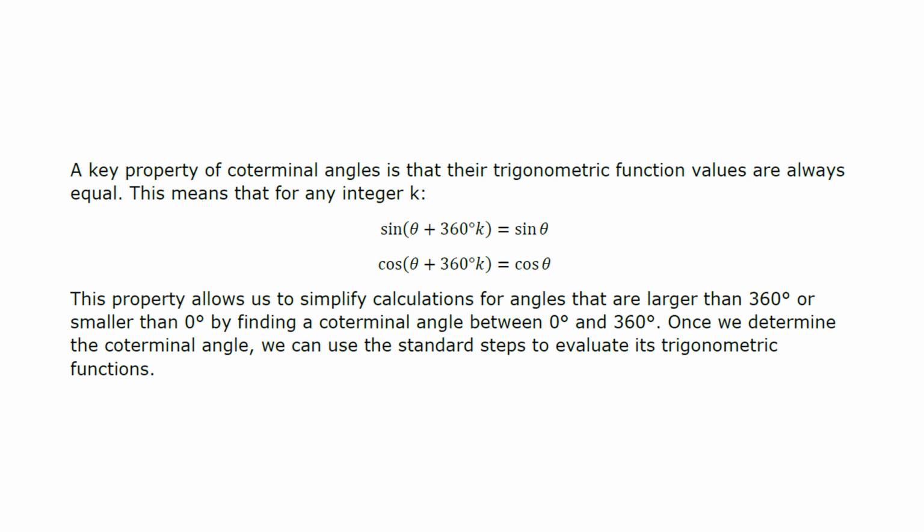This property allows us to simplify calculations for angles that are larger than 360 degrees or smaller than 0 degrees by finding a coterminal angle between 0 degrees and 360 degrees. Once we determine the coterminal angle, we can use the standard steps to evaluate its trigonometric functions.